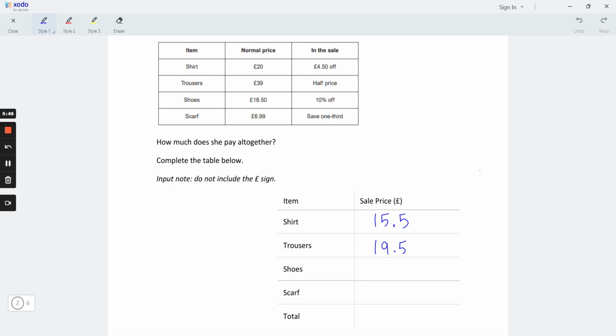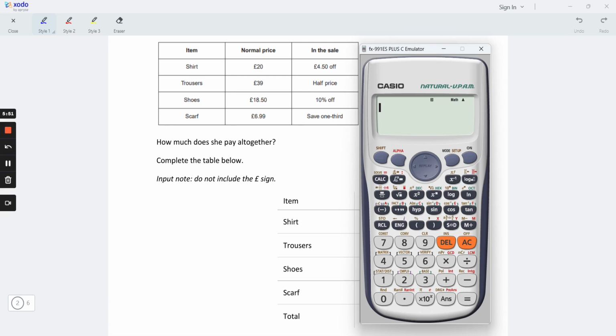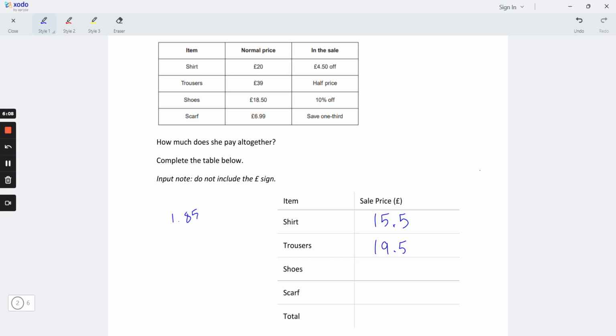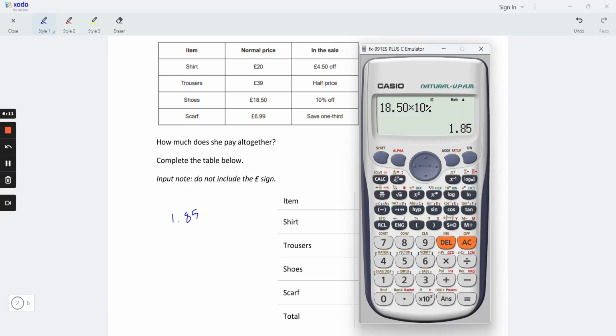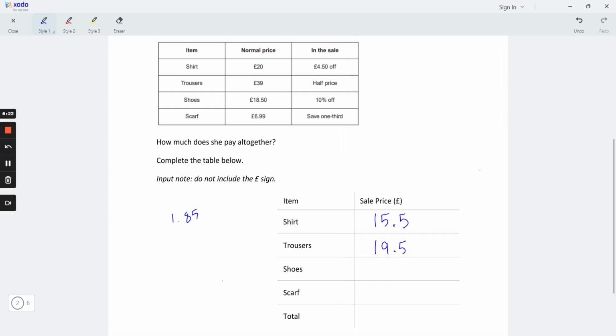So 18.50 multiplied by 10%, shift percent here, equal 1.85. Then subtract it from 18.50. So 18.50 minus 1.85, this is equal to 16.65.